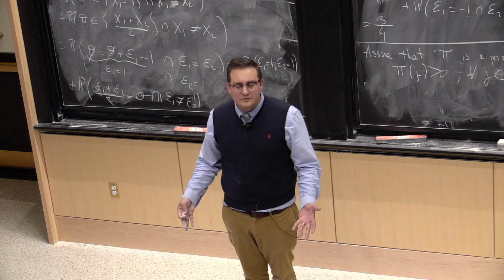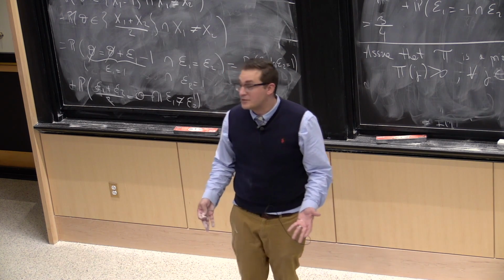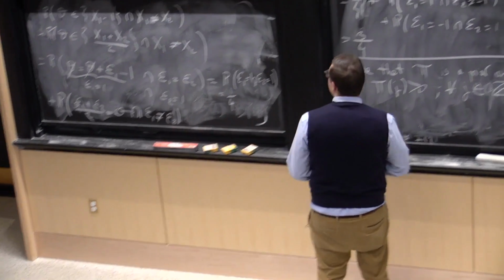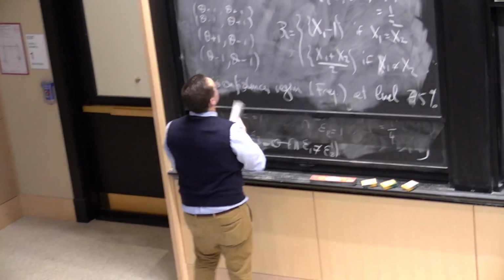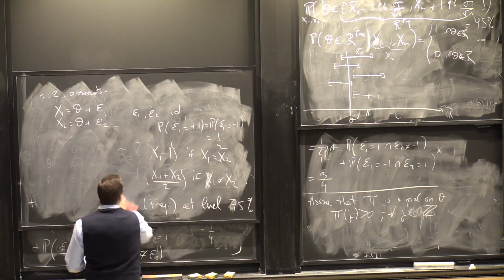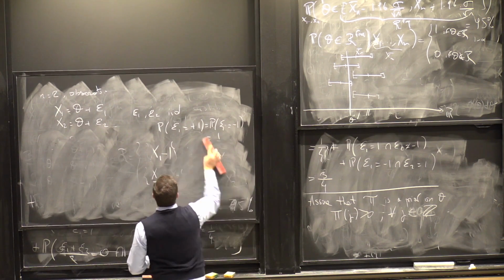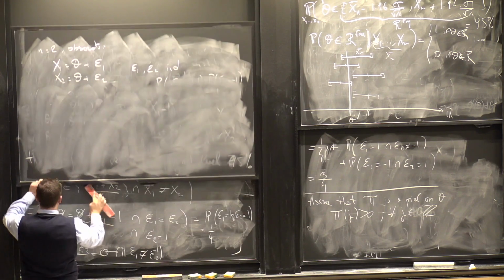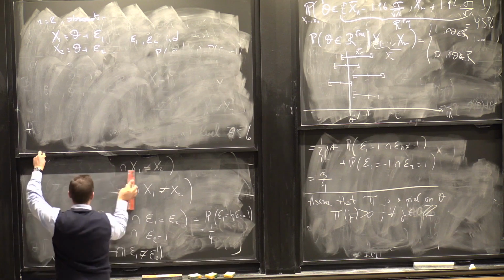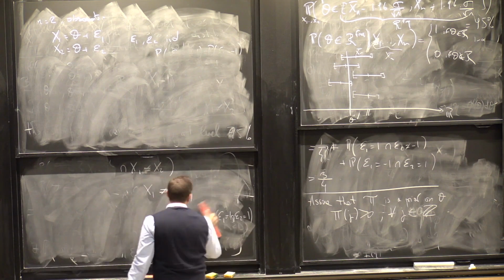Well, if I want to build a Bayesian confidence region, I need to understand what my posterior is going to be. And if I want to understand what my posterior is going to be, I actually need to build a likelihood, right? So we know that it's the product of the likelihood and of the prior, divided by the normalization.